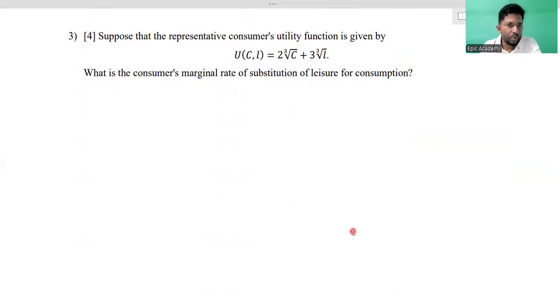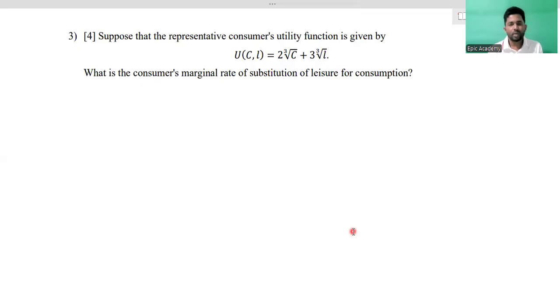So then, suppose that the respective consumer utility function is given by this, with cubic roots in here. What is the consumer's marginal rate of substitution? It's one of the major parts of the consumption theory.